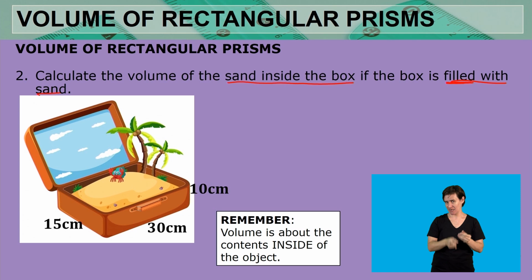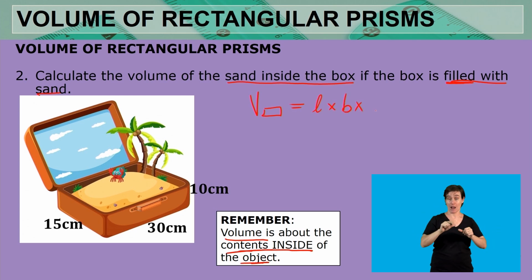So let's calculate the volume of the sand. Remember, the volume is the contents inside that object. Since this box is in the shape of a rectangular prism, we are going to use the formula for a rectangular prism to calculate this volume. This is going to be the length multiplied by the breadth multiplied by the height.